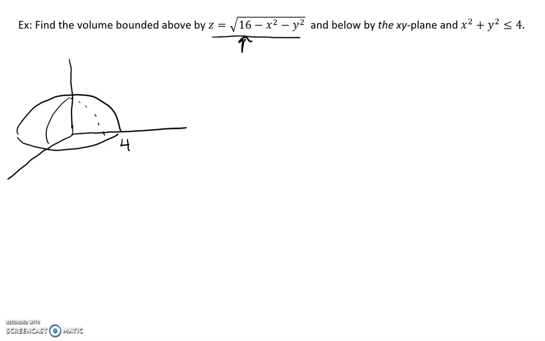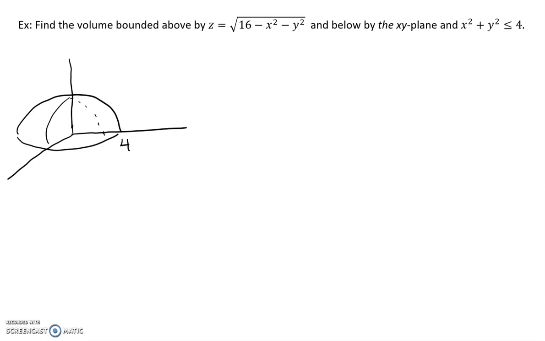Really, in a way, it would be okay if we couldn't fully see what that was, because I can still represent my region R, where essentially what we're doing is we're cutting that on the bottom by that xy plane, and then we're essentially cutting it with the equation x squared plus y squared less than or equal to 4.